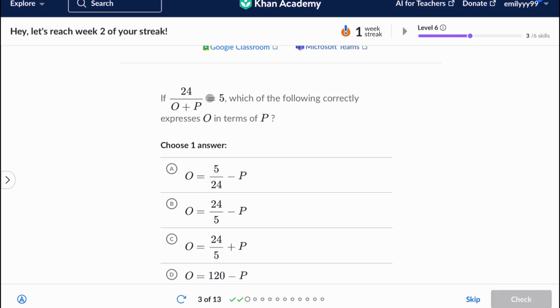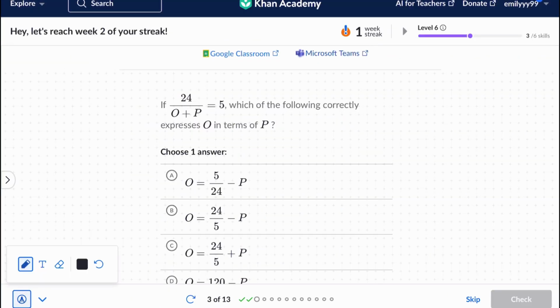If 24 over O plus P is equal to 5, which of the following correctly expresses O in terms of P? So we want to set up the equation so that it equals O. So basically we're solving for O with this equation we have right here. So, okay, let's draw that. And so we're trying to isolate the O right here.